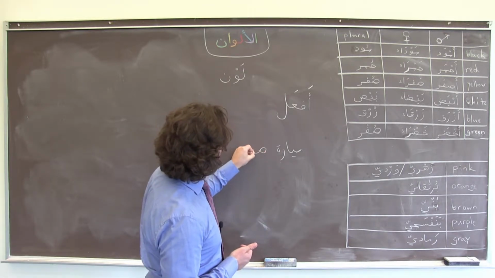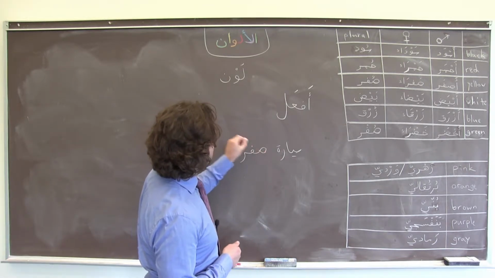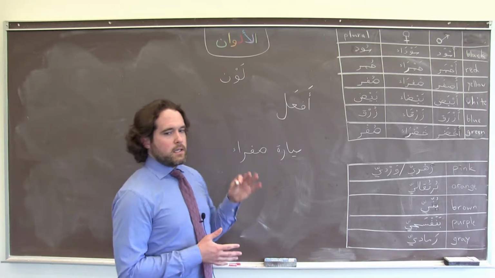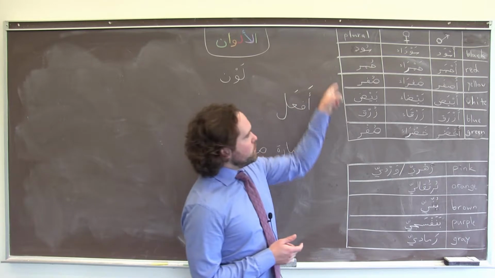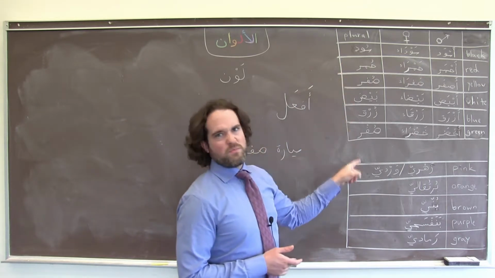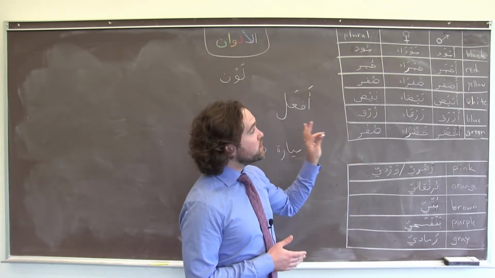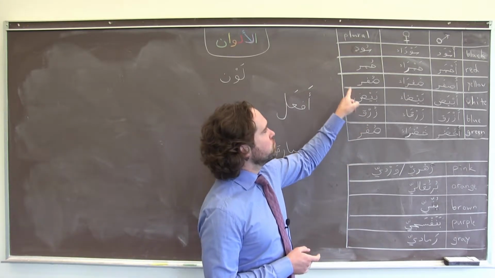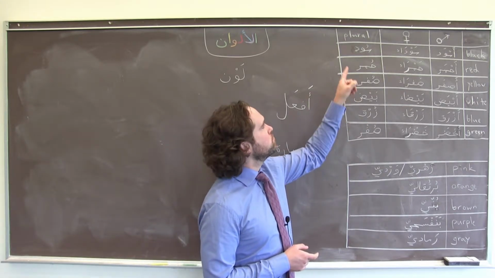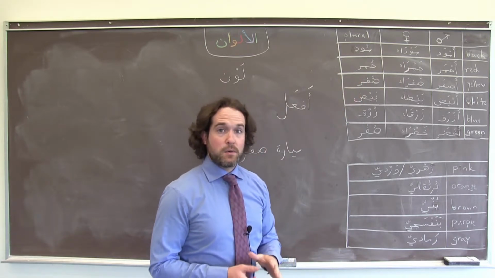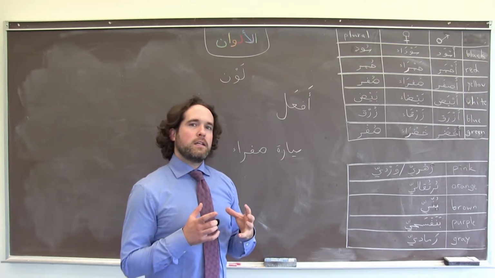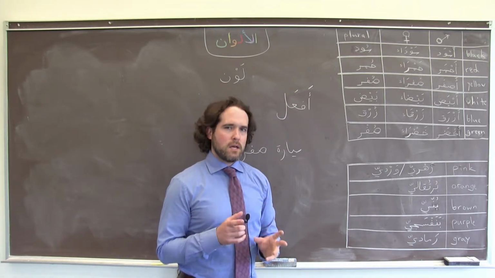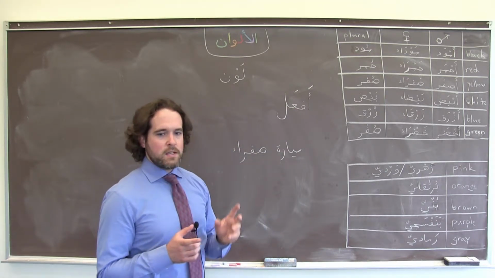Sayyara safra, a yellow car. And in the plural, they get another third pattern, which is predictable even if it's unique to these color adjectives. Sufr, sud, humr, etc. So we have a kind of confluence of vowels. We still can rely on the pattern, but it's not quite the same as other adjectives.